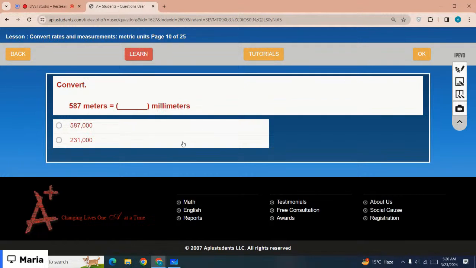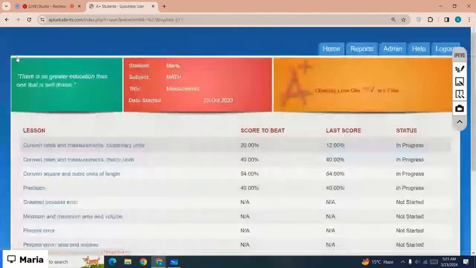The correct option is 587,000 millimeters, right? Option number 1 is the correct option. Okay, you can complete the lesson by yourself later today. Let's just start with the next lesson.